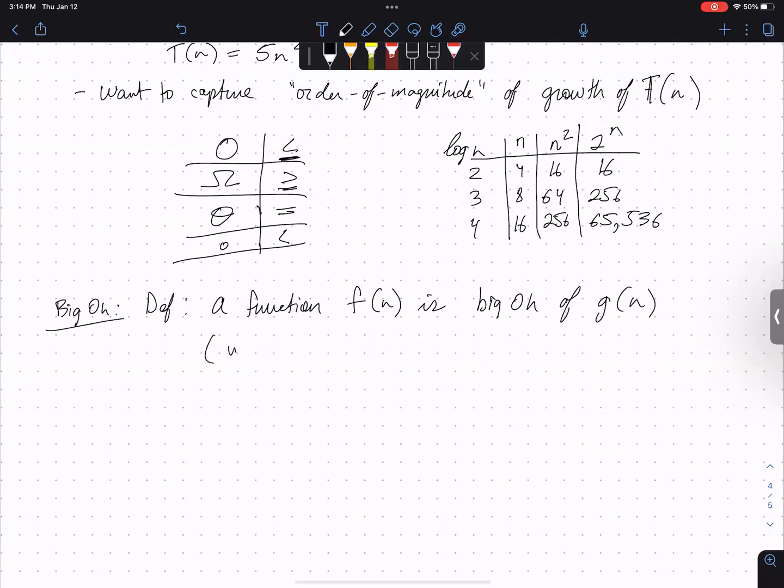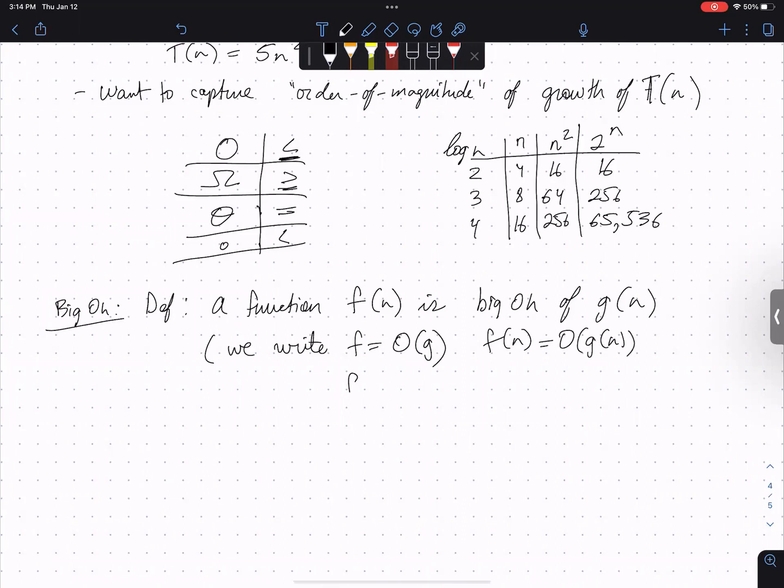So we write f equal to O of g, or we write f of n is equal to big O of g of n.